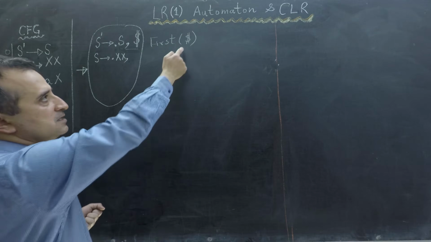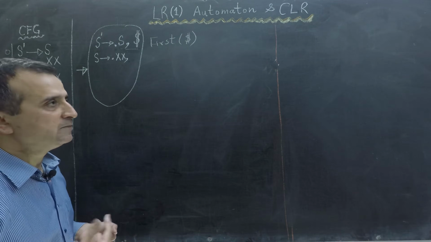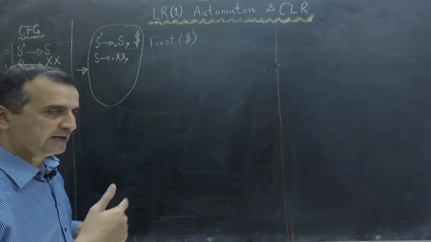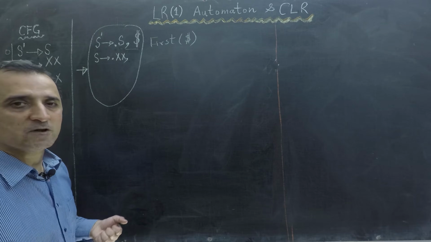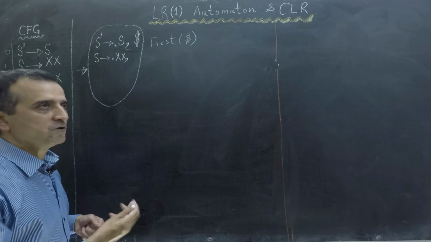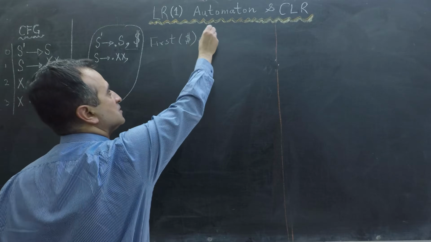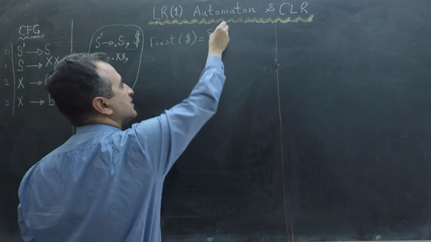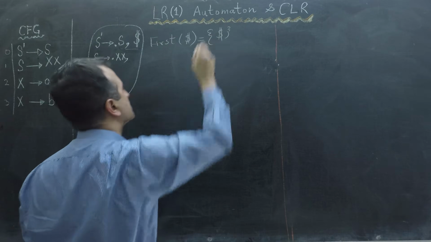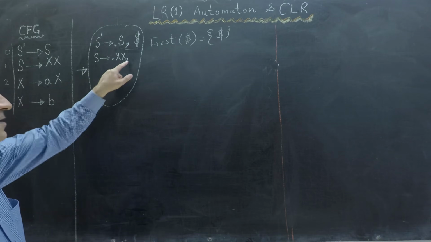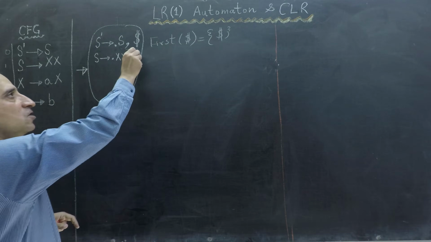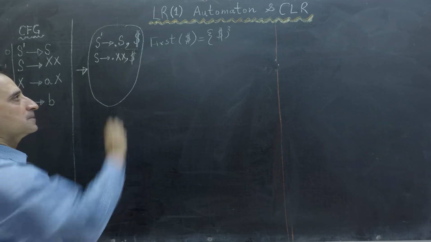The $ sign is a special symbol marking the end of my input, but first of $ is equal to $. So I will treat the $ sign as my terminal. So here I will add the $ sign as look ahead.